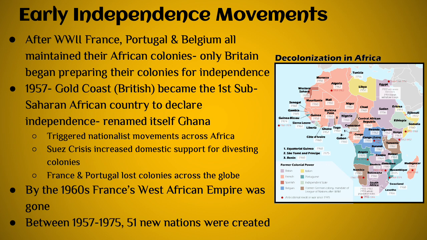And the Suez Crisis also created a desire upon the colonizing countries to just get rid of their colonies. And then, we see France and Portugal losing their colonies all across the globe. And so by the early 1960s, France's entire West African empire is gone. And by 1975, you have 51 new independent countries in Africa created.